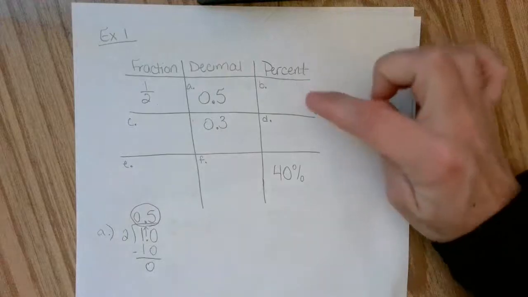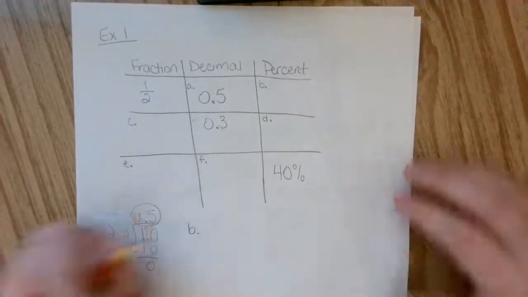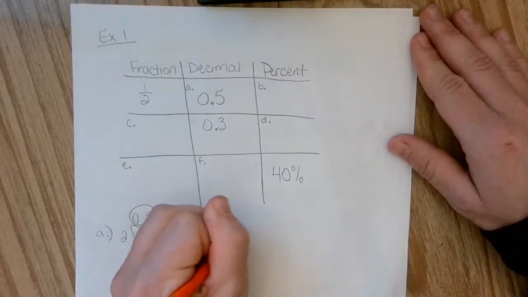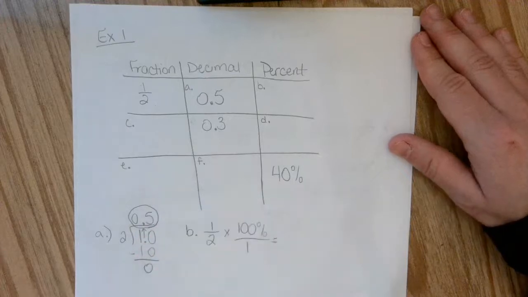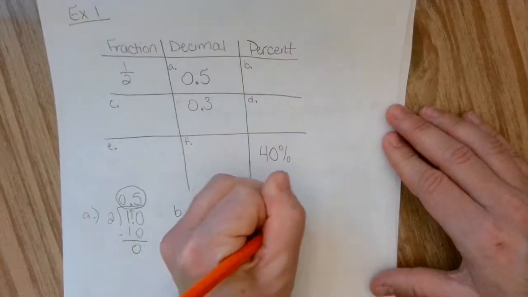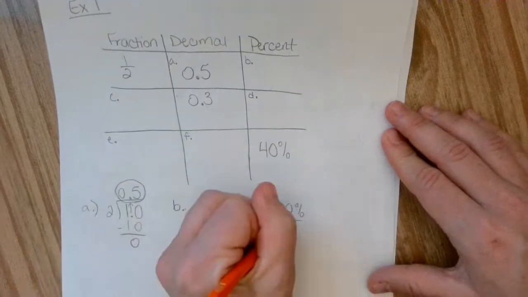Then I need to change 1/2 to a percent. So I'm going to put that over here so I can show my work. So 1/2 times 100% over 1. So I have 1 times 100%, which of course is 100%. And then I have 2 times 1, which is 2.